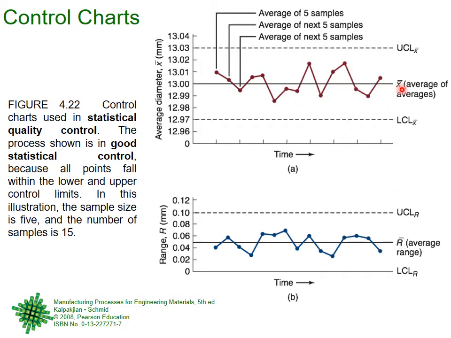Similarly, we can do this based on R bar. This was based on X bar. So on R bar, the upper control limit, lower control limit, and again, from each sample of 5 pieces or 10 pieces or whatever, if the R from one sample, second sample, third sample is within the upper and lower control limits, then the whole process is in good statistical control.